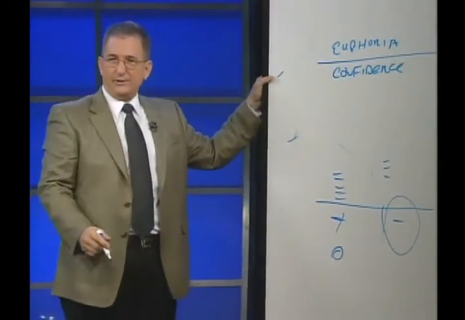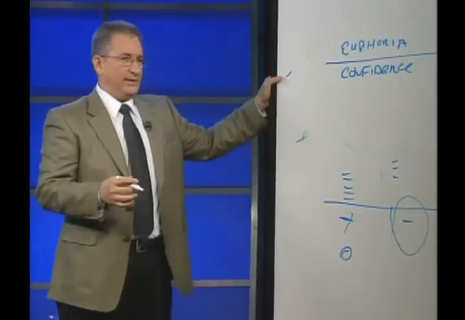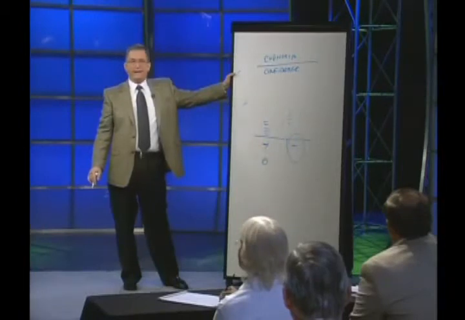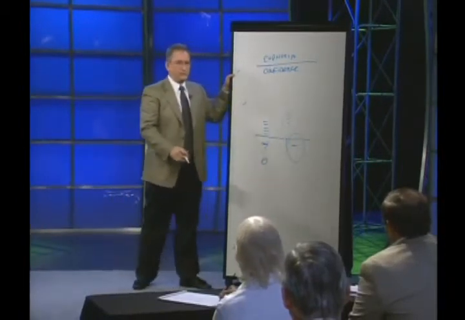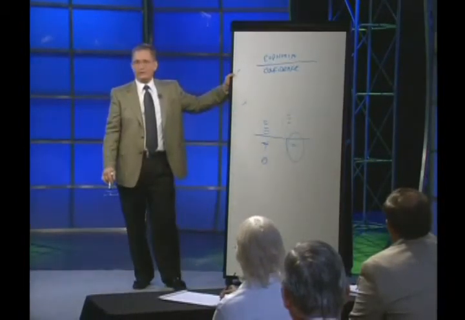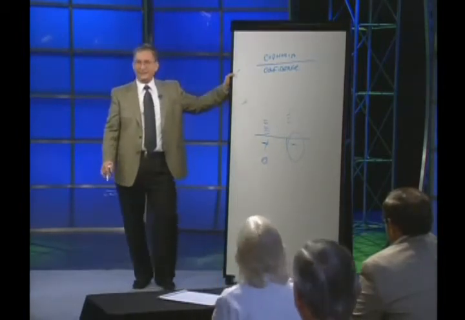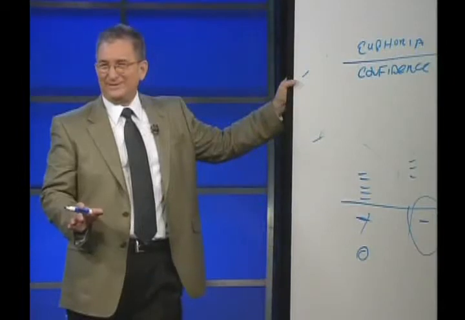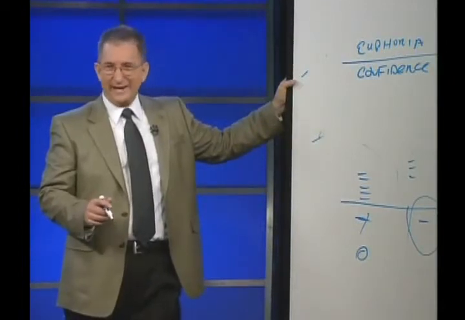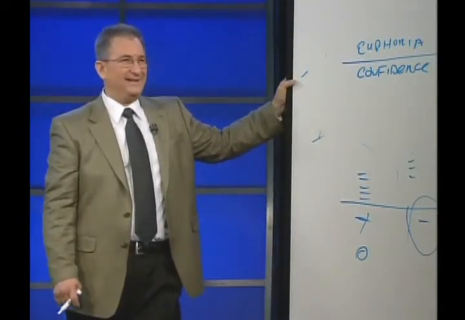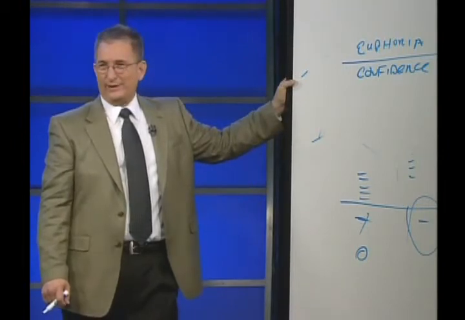There are certain chemicals that scientists have found that flood our mind and our body when we've crossed this threshold. I've worked with traders who will flip into a state of euphoria with one winning trade. Usually for most people it takes more than one winning trade. But I have worked with people that will flip into a state of euphoria with one winning trade.